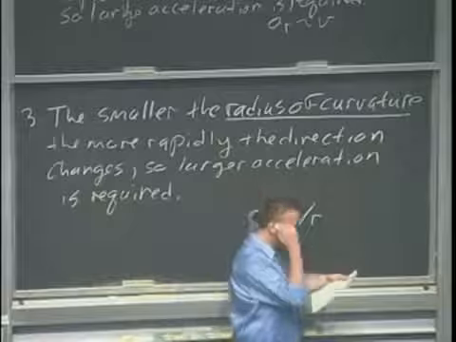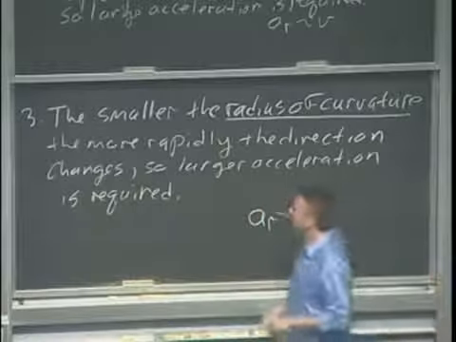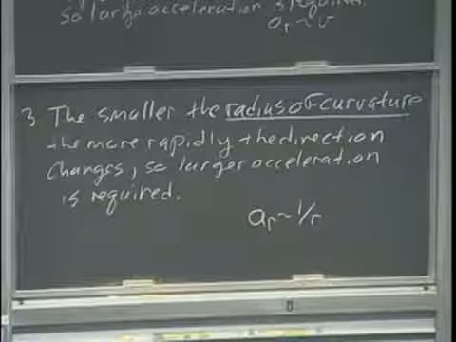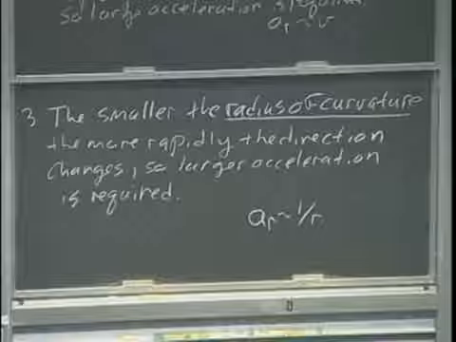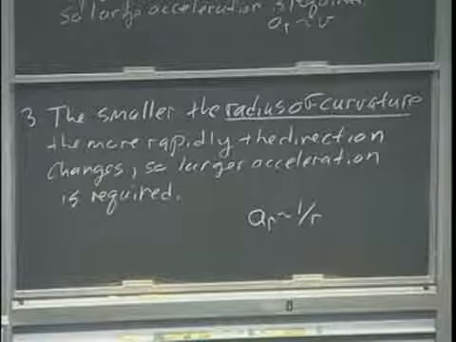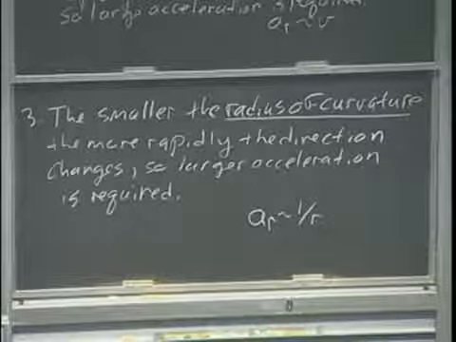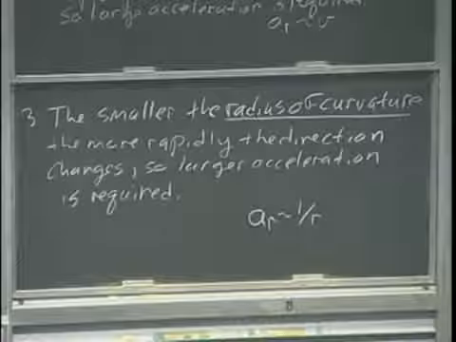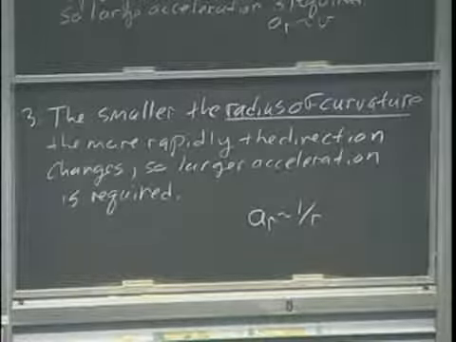Okay, so if we put those three factors together, let's combine those three. We've got two factors of velocity and inversely proportional to the radius.